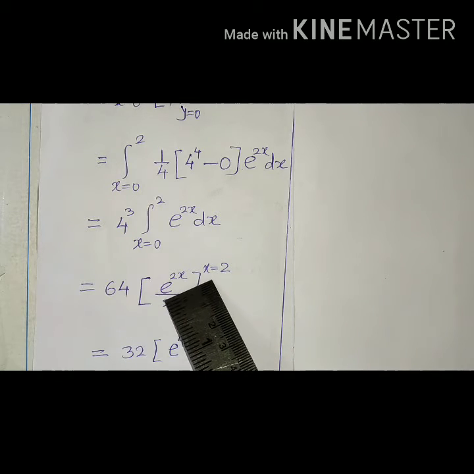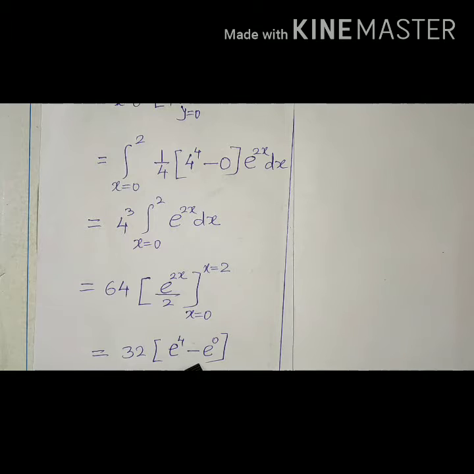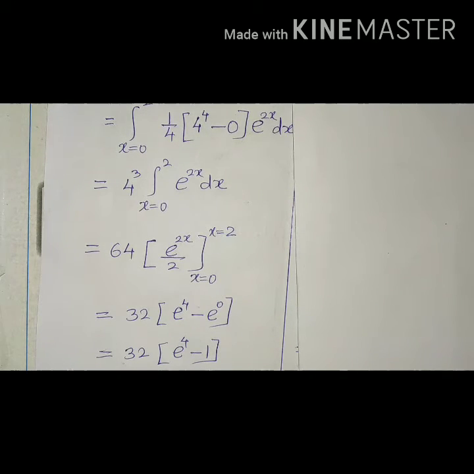Upper limit of x is 2, so it becomes e raised to 4, minus lower limit is x equal to 0, so it is e raised to 0, which we can write as 1. So the answer is 32 times e raised to 4 minus 1. So this is the answer.